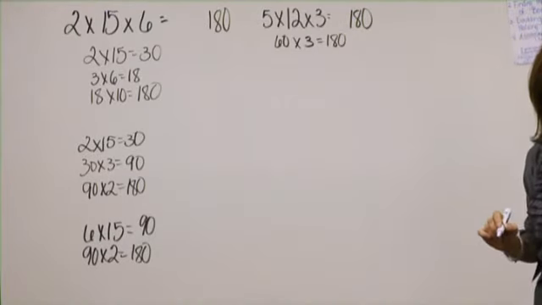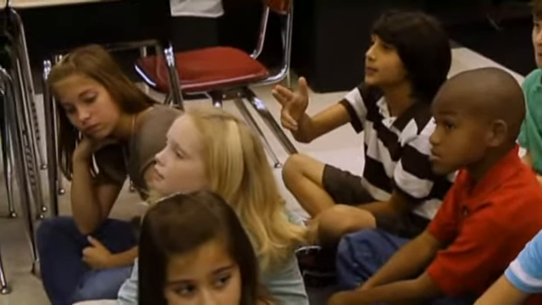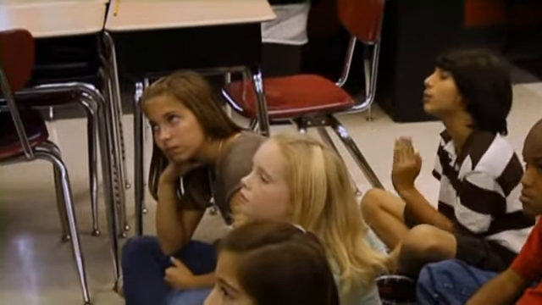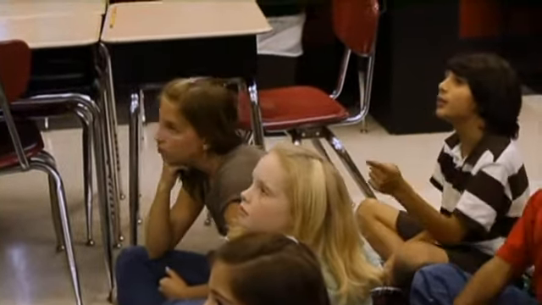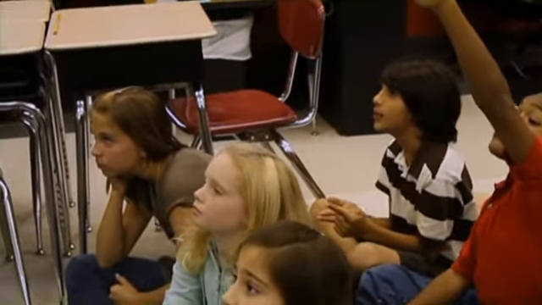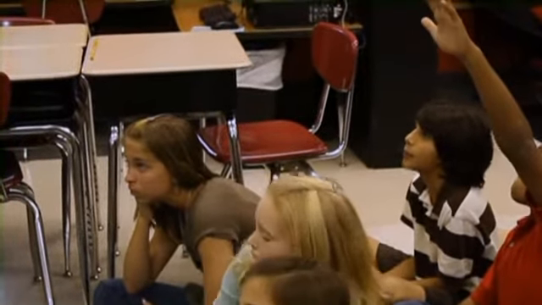Wow. Omar? Well, I knew that the last problem we had is 6 on the very end. Then I realized that the 6 was now with 3. And then the 15, you had a minus 3, and on the 2, you added 3. So I knew it was going to be the same answer because it's the same problem.